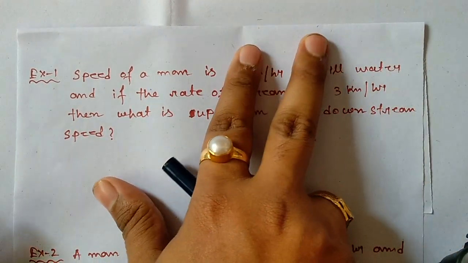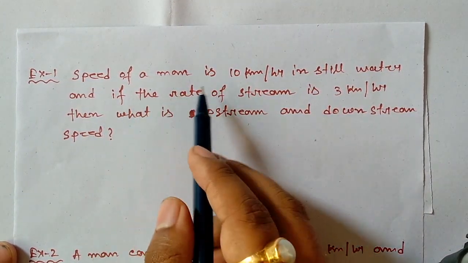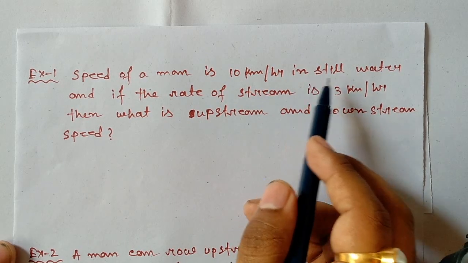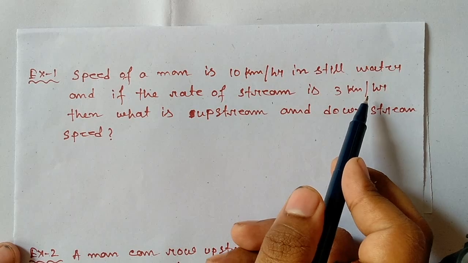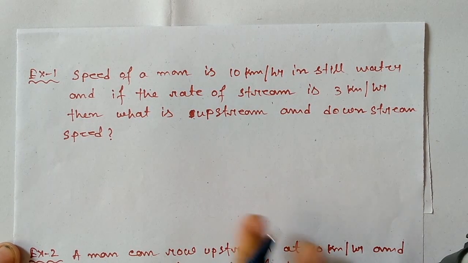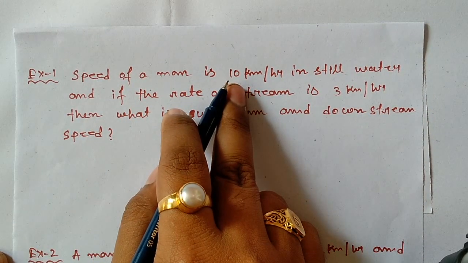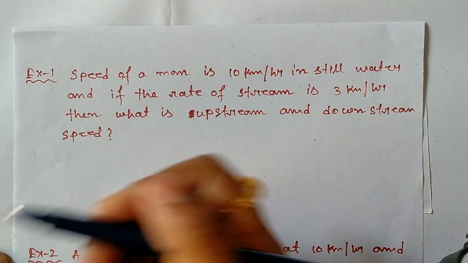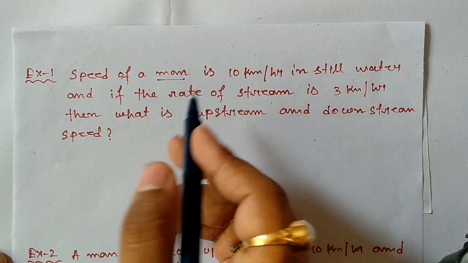So our first problem is: the speed of a man is 10 km per hour in still water, and if the rate of the stream is 3 km per hour, then what are the upstream speed and downstream speed? We have the speed of the man as 10 km per hour. We said before that this man can be an observer, a man or a boat.